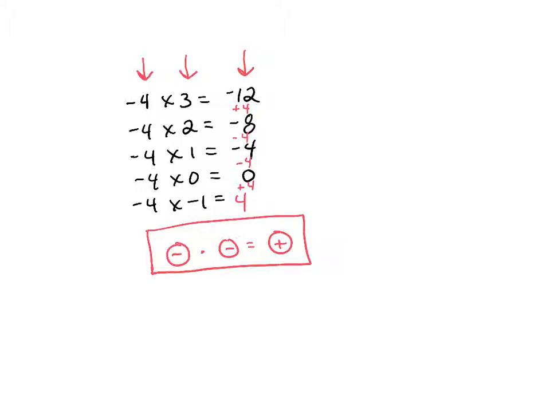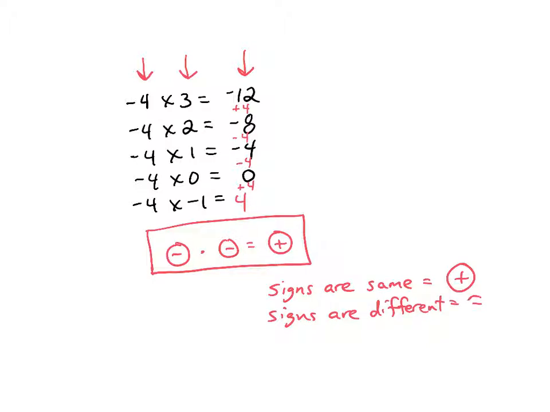Another way that some people take a look at this when multiplying two numbers: if the signs are the same, they're both positive or they're both negative, then you are going to get a positive answer. If the signs are different, then you are going to get a negative answer. And those two rules work when you are multiplying two numbers together.